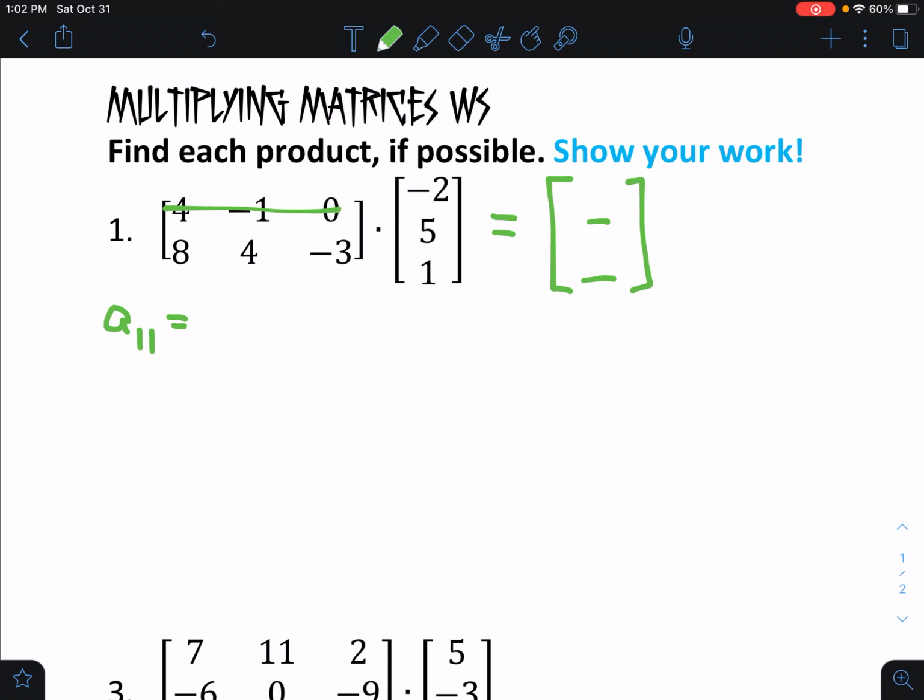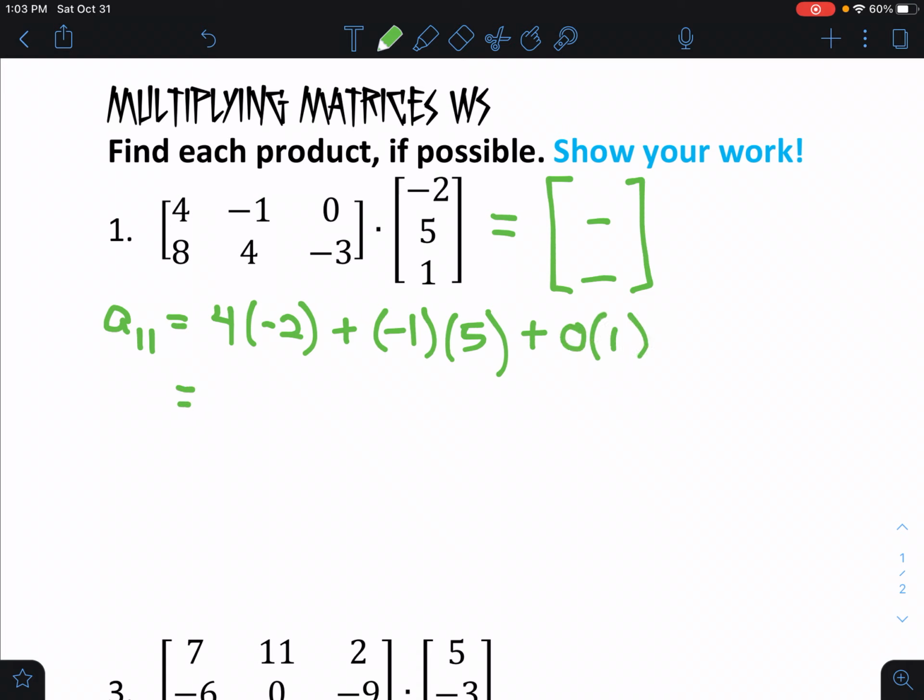Okay, so 4 times -2 plus -1 times 5 plus 0 times 1. Okay, that gives me -8 plus -5 plus 0. So -8 plus -5 is -13.